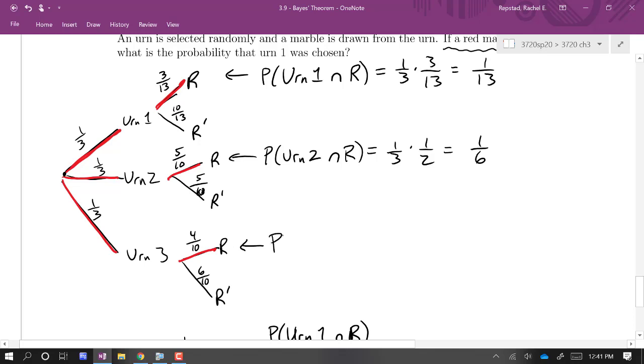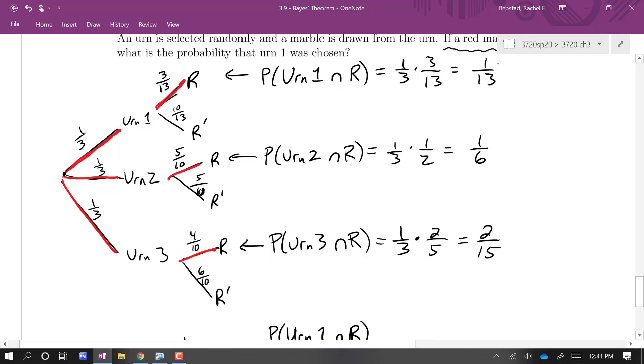Next, the probability that we chose urn 3 and got a red marble out of it is 1 out of 3 times the probability 4 out of 10, or I guess 2 out of 5, and that's 2 out of 15.